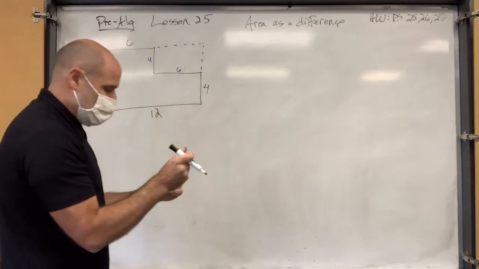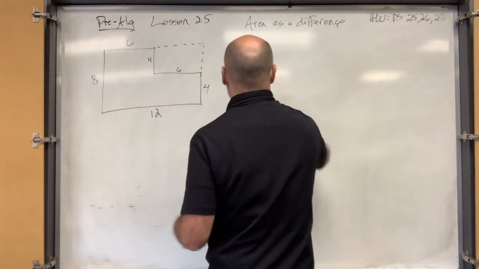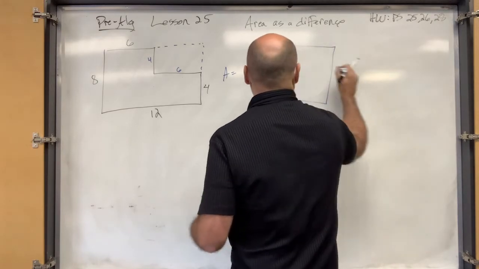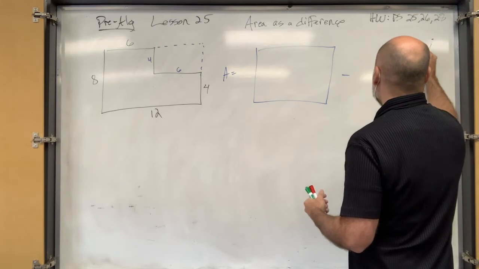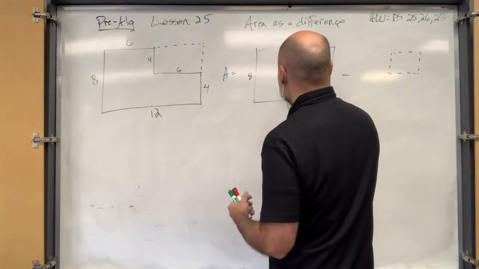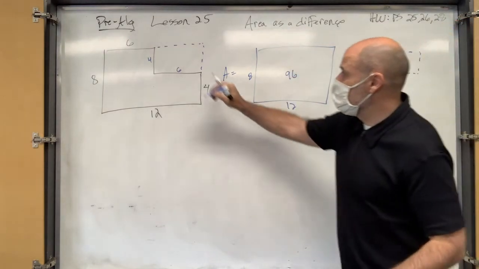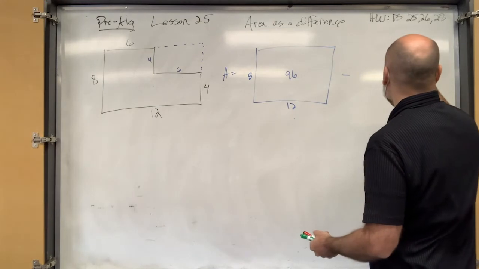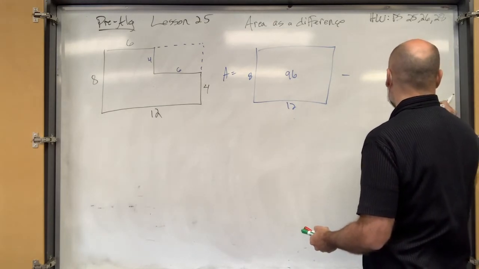Or you could find the area of the whole rectangle, this big guy minus this little guy. This is an 8 by 12 rectangle, which is 96, minus the area of this, 24. 96 minus 24 is also 72 square units.